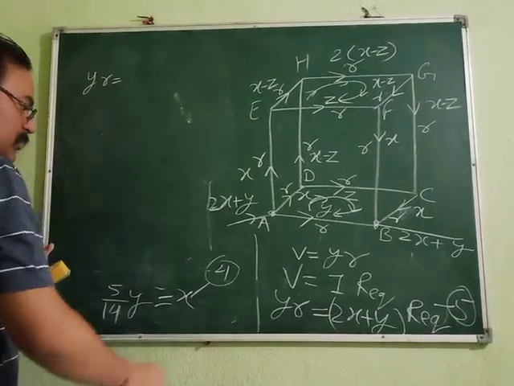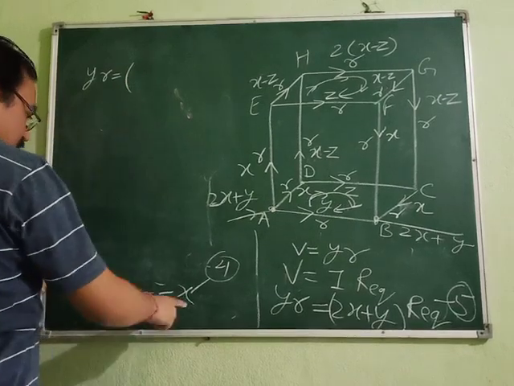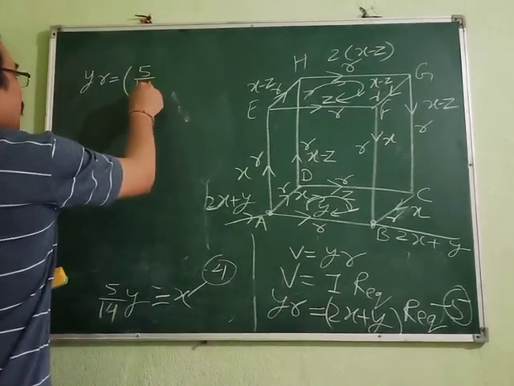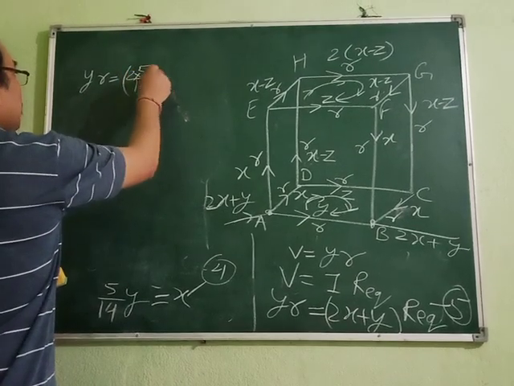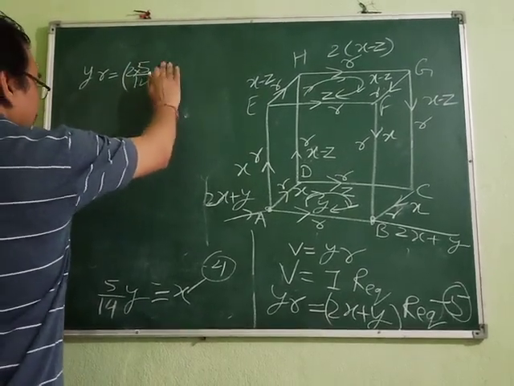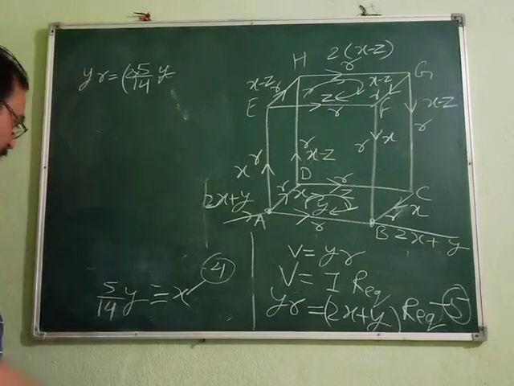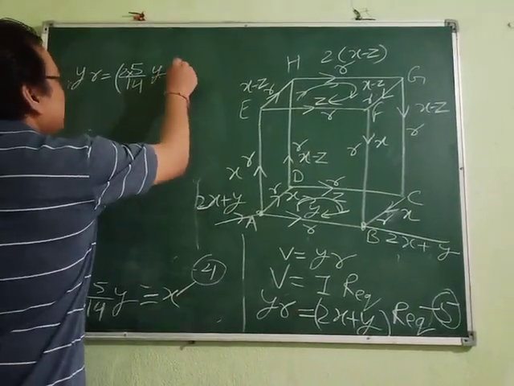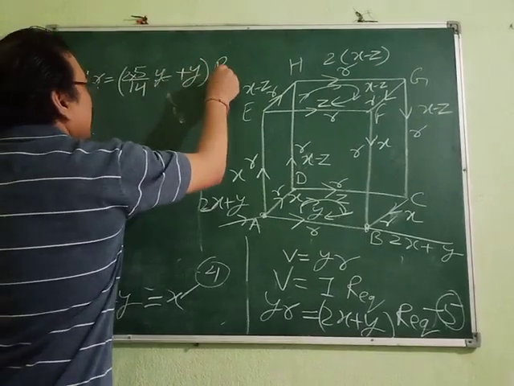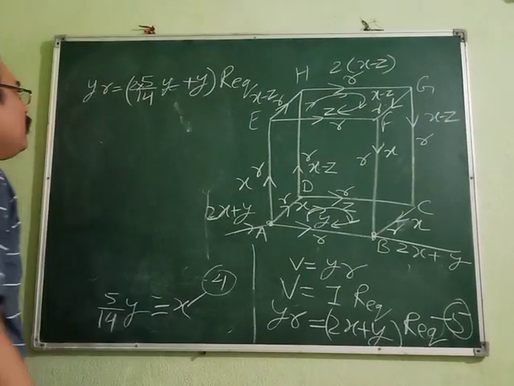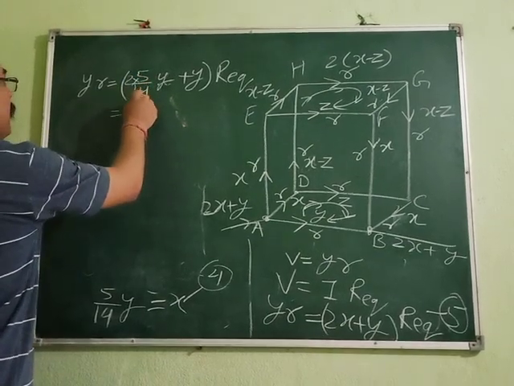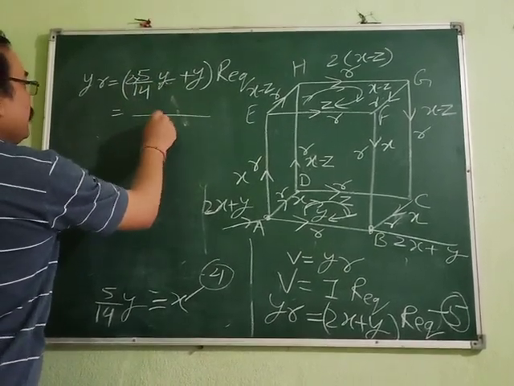yR is equal to 2x is there, so x will get the value 5 by 14, 2 into 5 by 14 x, oh sorry, y instead of x, because x is equal to 5 by 14 y, plus y into R equivalent. Now see from here, it is 10 by 14 y, so we can take 14 as LCM.